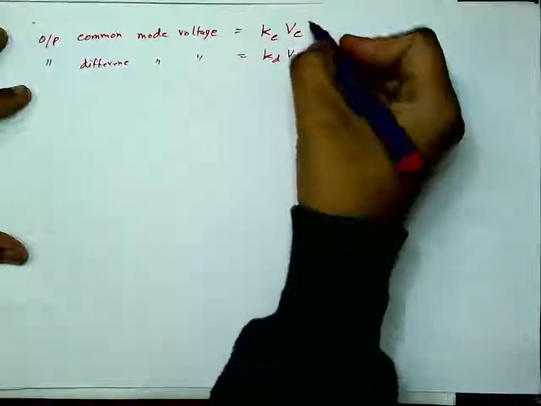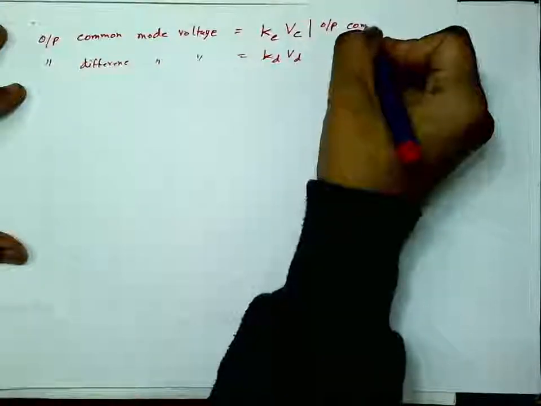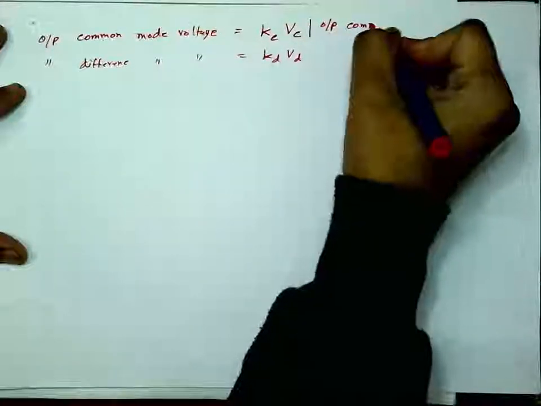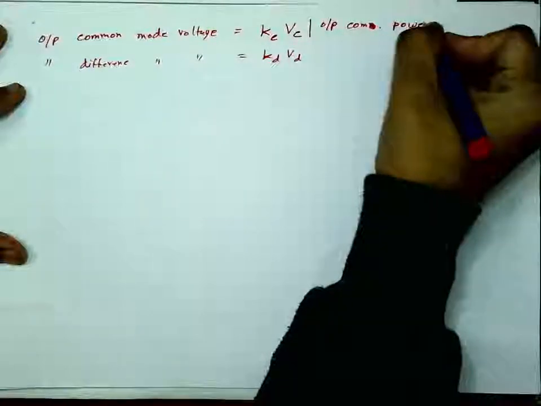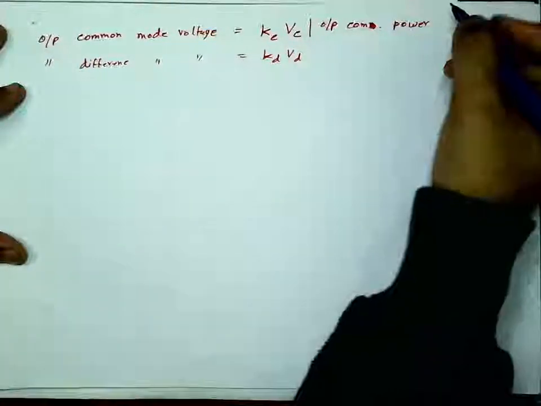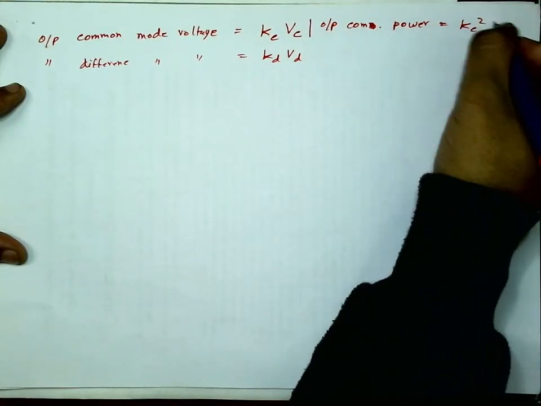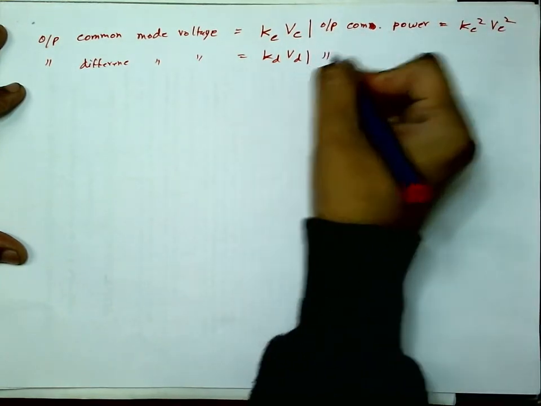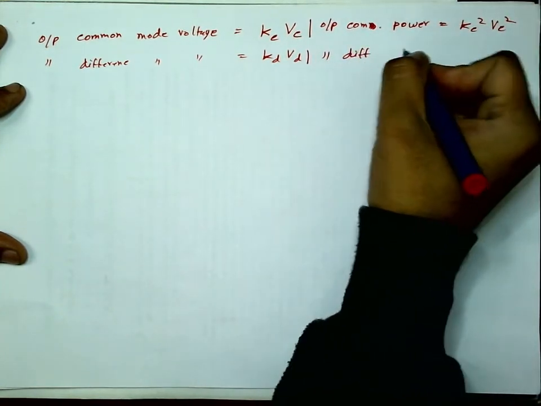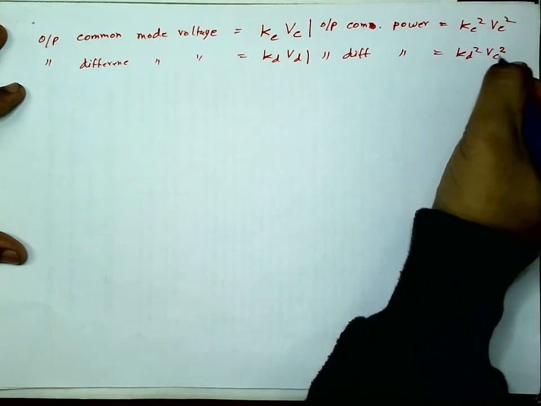So now, output power, that will be proportional to Kc square Vc square, and output differential power will be Kd square Vd square.